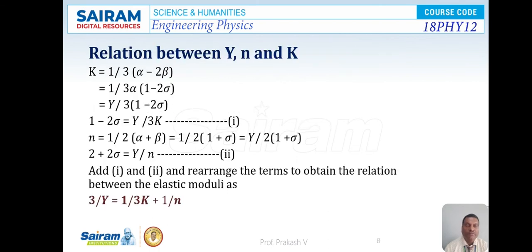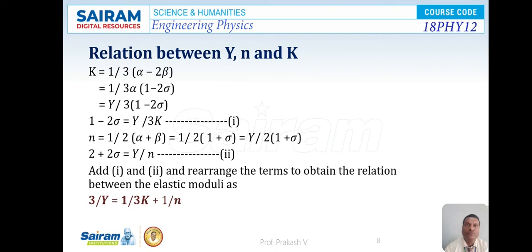Now, the relation between Y, N and K, that is Young's modulus, rigidity modulus and bulk modulus. We know that the bulk modulus K is equal to 1 by 3 into alpha minus 2 beta, that is equal to 1 by 3 into alpha is taken out here, so alpha into 1 minus 2 into beta by alpha, that is nothing but sigma.